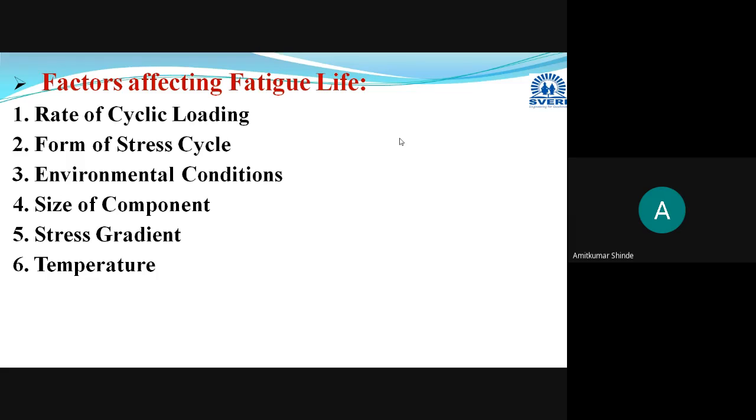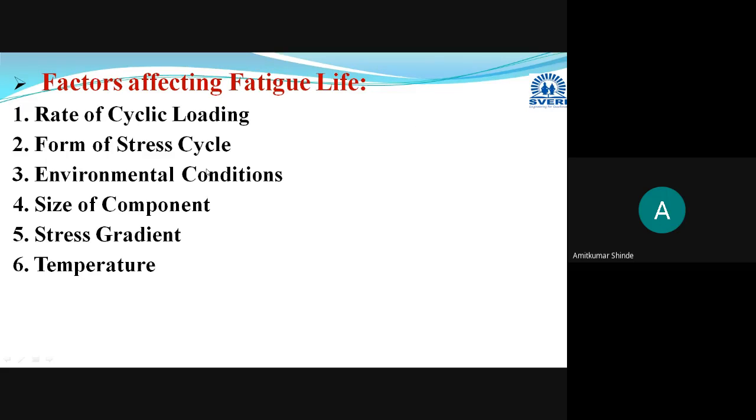Then the next is the form of the stress cycle. Here the form of the stress cycle does not have any specific or much impact, whichever form of stress cycle is there.